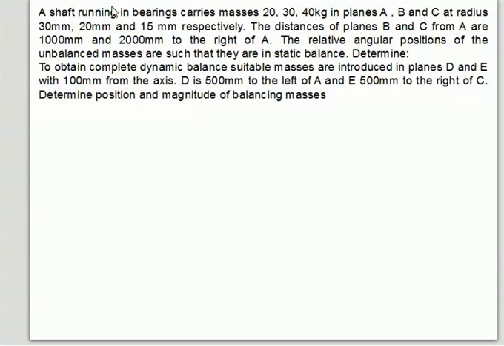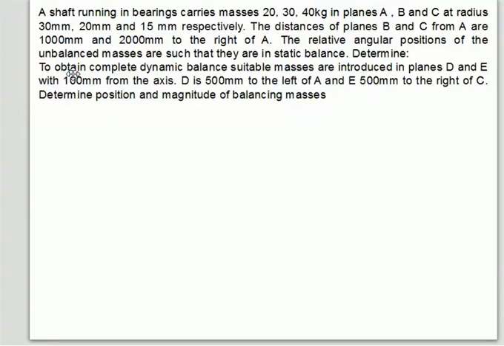A shaft running in bearings carries masses 20, 30, 40 kg in planes A, B and C at radius 30 mm, 20 mm and 15 mm respectively. The distances of planes B and C from A are 1000 mm and 2000 mm to the right of A. Relative angular positions of unbalanced masses are such that they are in static balance.